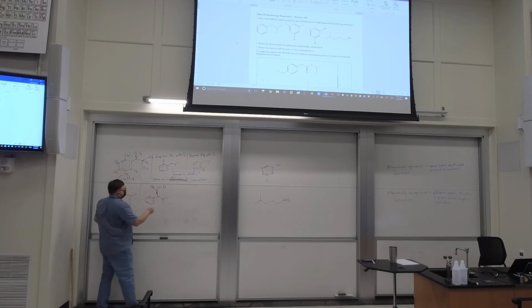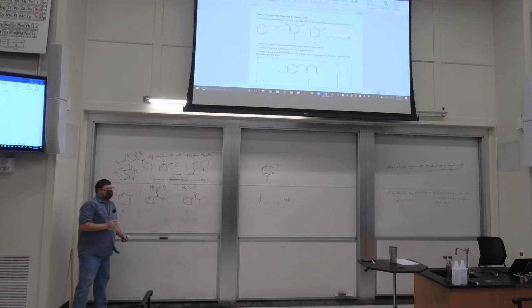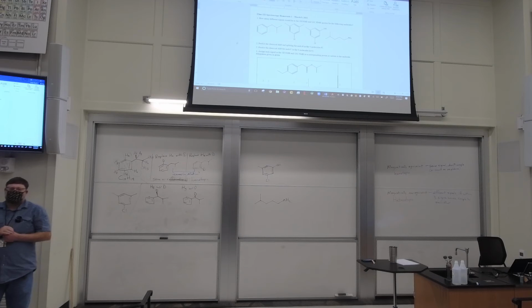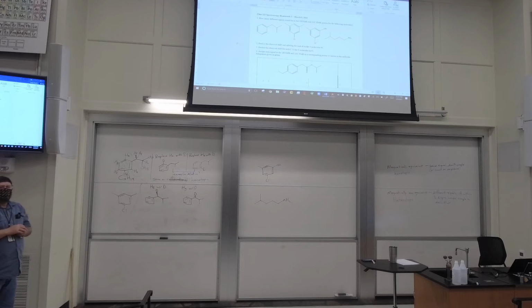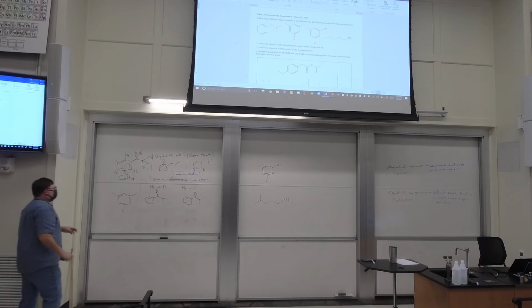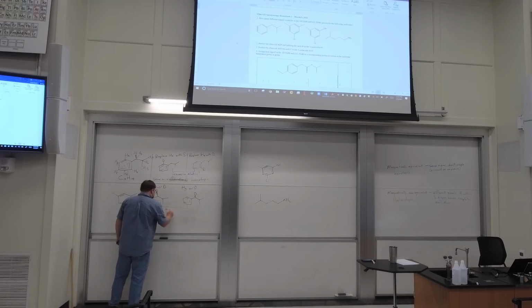Replace the wedged HF, then HG with D. All right, what is the relationship of those two molecules? Are they diastereomers? They're enantiomers. Right? So again, this is not a chiral center here. 2 methyls. All right, so these are enantiomers.